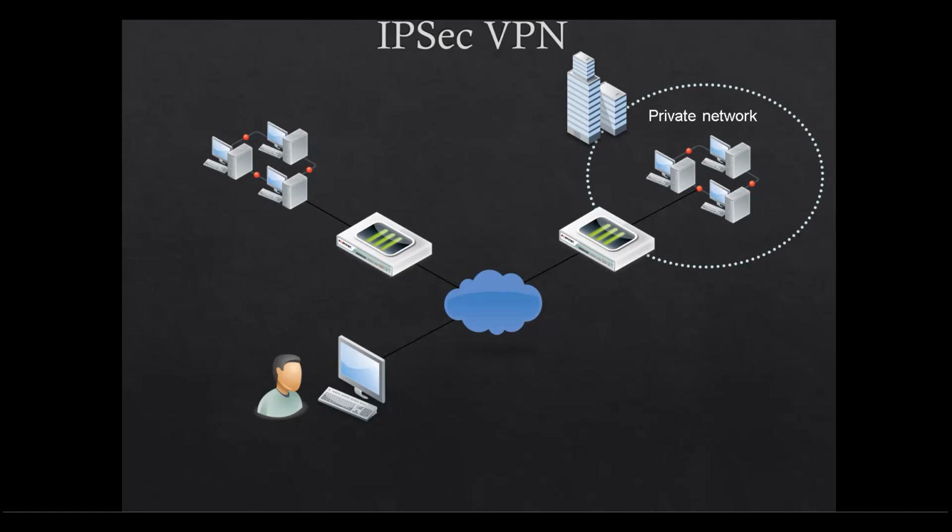See, whenever we are talking about the IPsec VPN, you can see that there are a lot of ways people have communicated with different locations, different branches. They have tried various mechanisms as well.